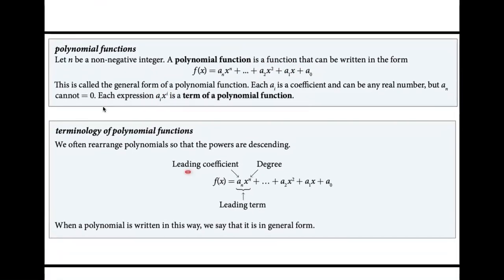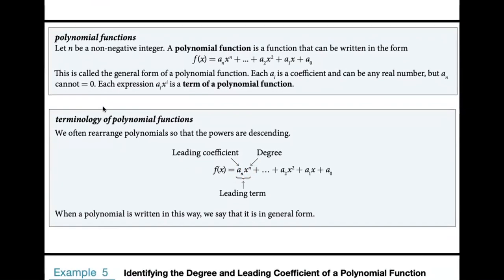Now if you look at your leading term, the term that has the highest degree, the highest power, the leading coefficient is the number that's being multiplied by it. And the degree is whatever that highest exponent is. We usually write it from greatest to smallest degree, and this is the general form for our polynomial.